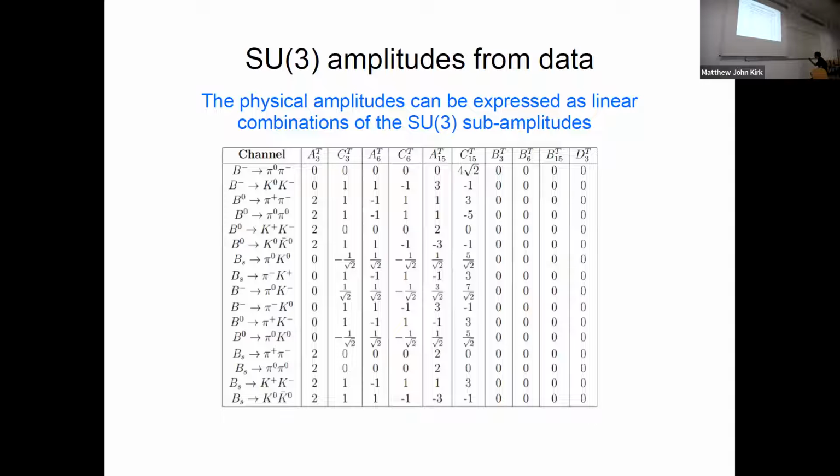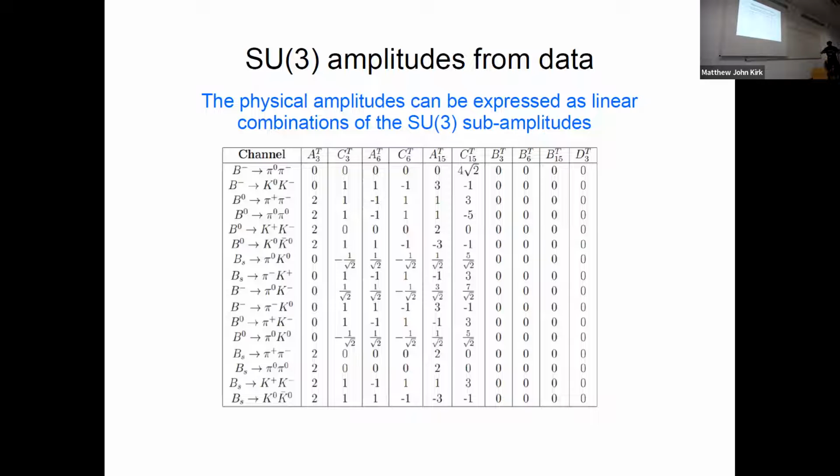So the amplitude for B_s going to pi naught is going to be just, you read the coefficients. It's going to be a 2 multiplying A3T, and then nothing in the others, and then you have a 2 plus 2 multiplying, so I'm looking at this line, the A15T times the CKM element.